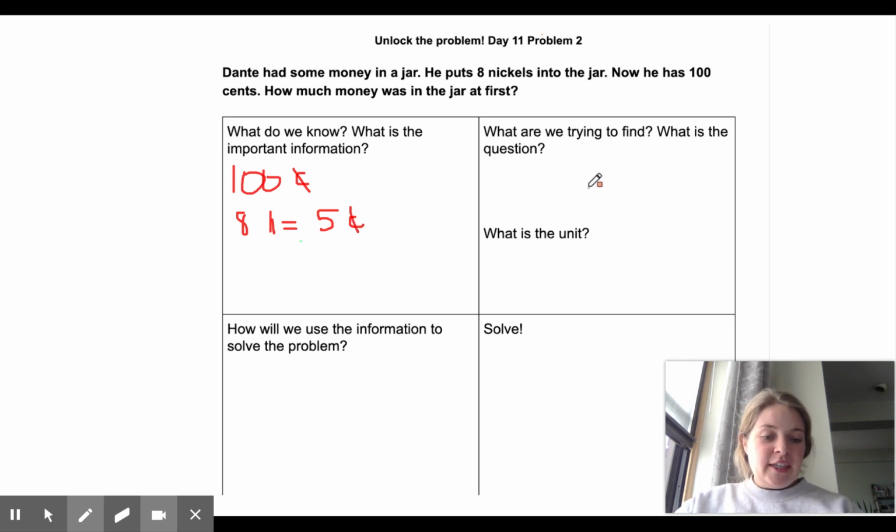What are we trying to find? We're trying to find how much money was in the jar first. So without 8 nickels, how much money was there? So we would do 100 minus the 8 nickels. And the unit that we're dealing with is cents.